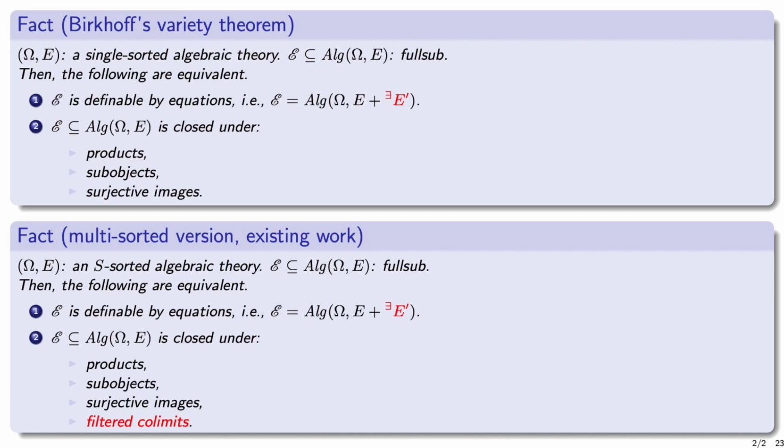This theorem asserts that the full subcategory E is definable by adding equations if and only if it is closed under products, sub-objects, and surjective images. This class E is called a Birkhoff subcategory in the previous talk. This theorem is also called the HSP theorem.